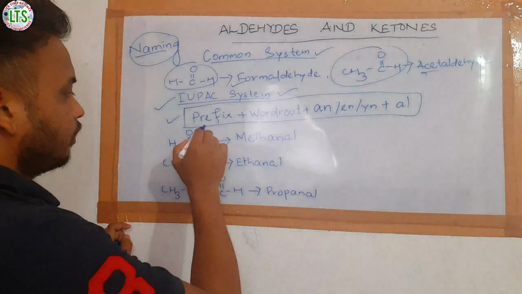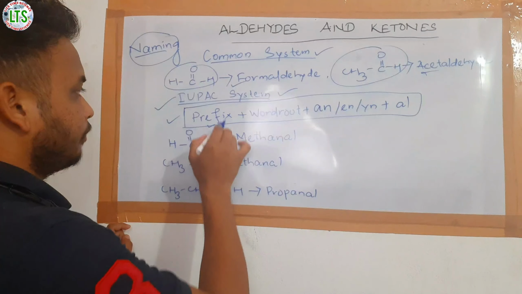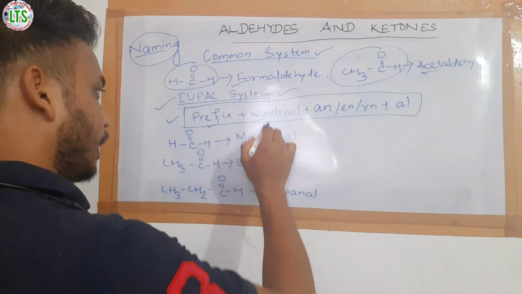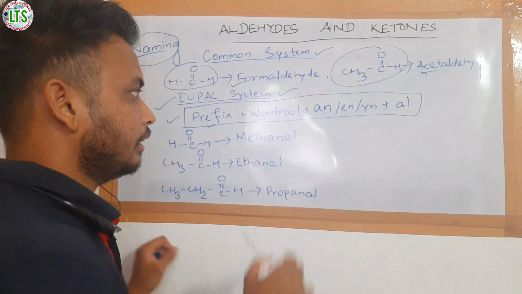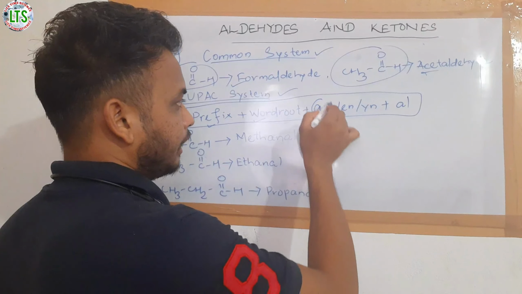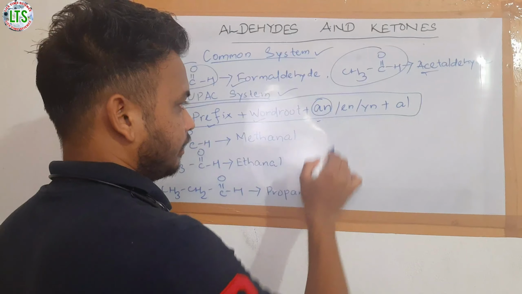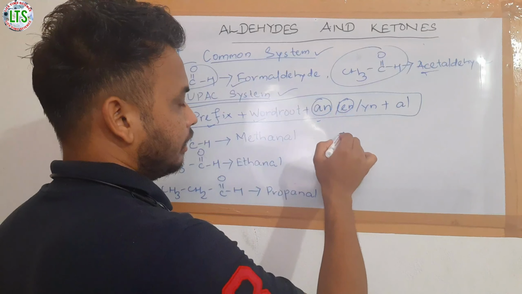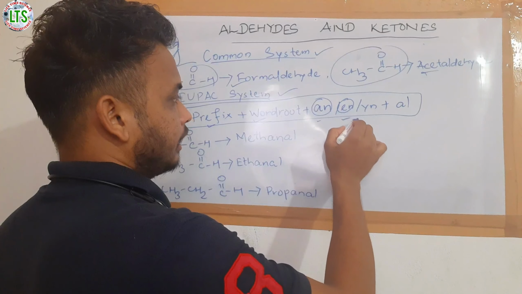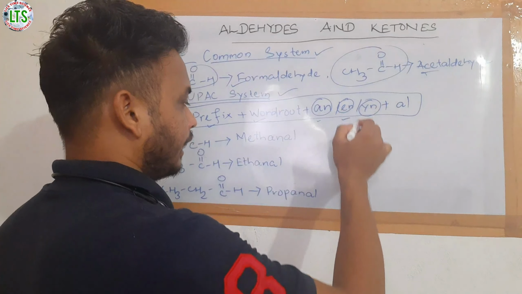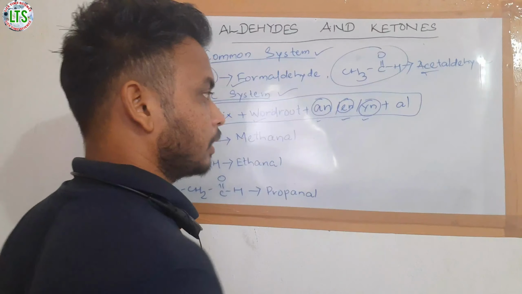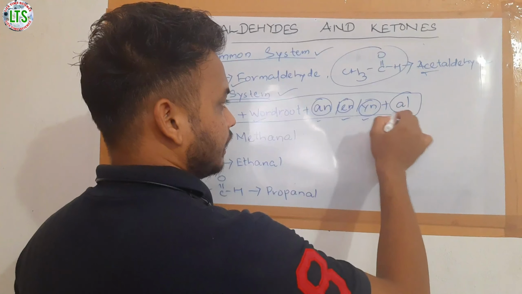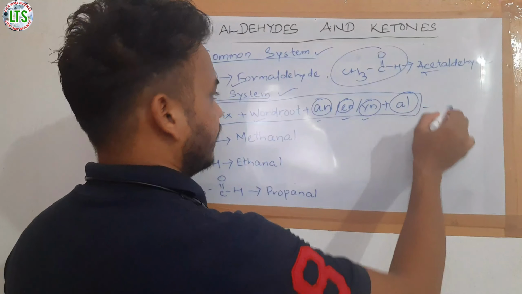For example, first we have to name the prefix, then the word root according to the number of carbon atoms present in the aldehyde, then AN if a single bond is present, EN if a double bond is present, or YN if a triple bond is present between the carbon atoms. Then lastly the suffix, that is AL.